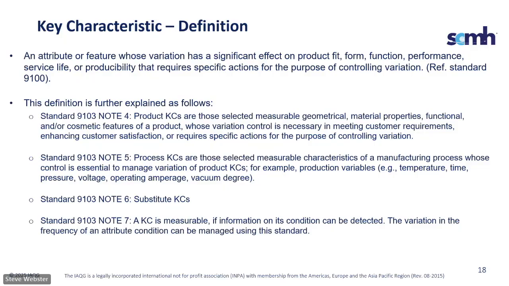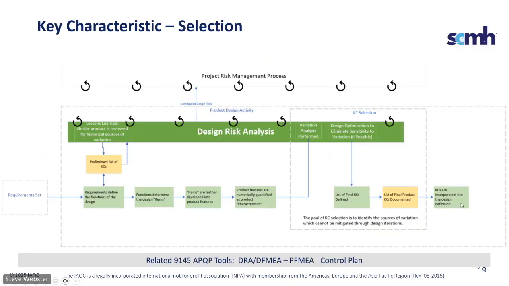Let's take a look at the selection process for KCs. Next slide, please. All right. Similarly to the selection of safety and essential characteristics, we start with a set of requirements. So going from left to right on this process flow, a preliminary list of key characteristics is created from similar product reviewed for historical sources of variation.